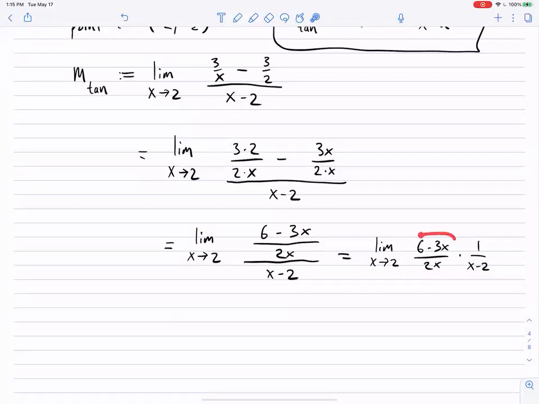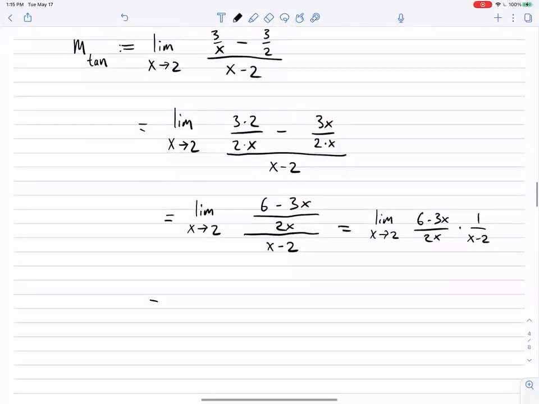If I pull out a negative 3 so that it matches, what's left over is x minus 2, all over 2x, times 1 over x minus 2. And now that cancels with that.